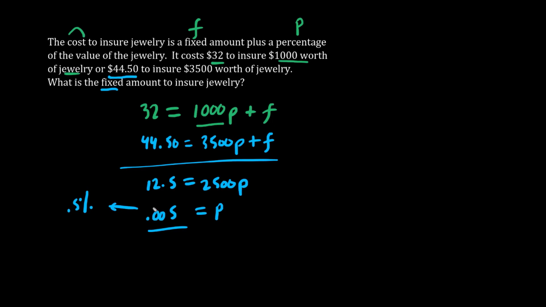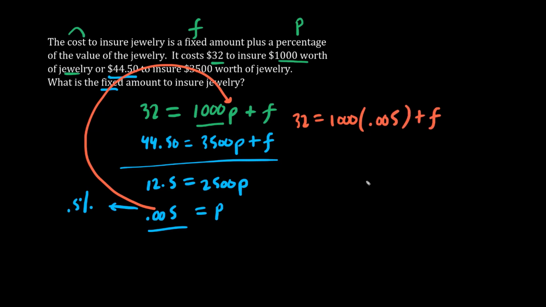Let's substitute this P value into this first equation up here. 32 equals 1,000 P, which is 0.005, plus F. We can multiply 0.005 by 1,000 by moving the decimal 3 to the right and canceling out these three zeros.